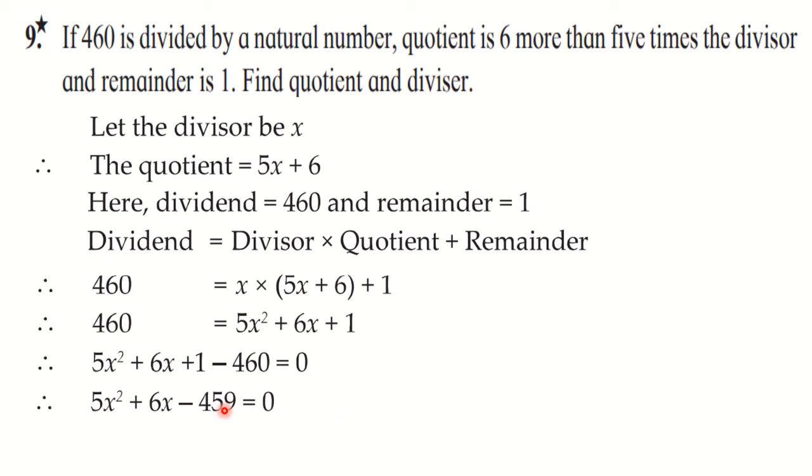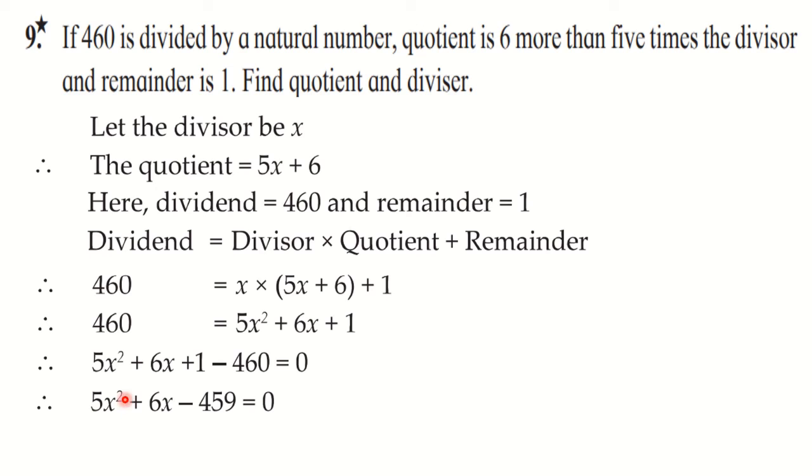Here you have to divide this. If you divide it by 9, then you will get 51 here. That means 459 you can write as 9 into 51, and that 9 and 5, that is 45. So the factors are 51 and 45. 51 is positive and 45 is negative.